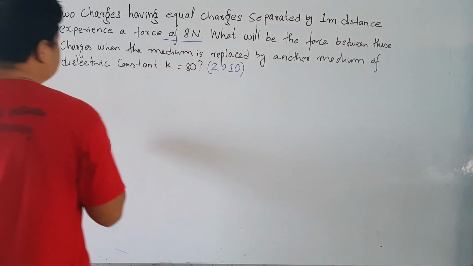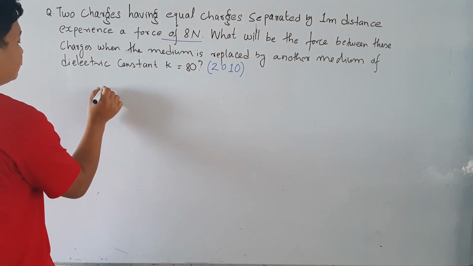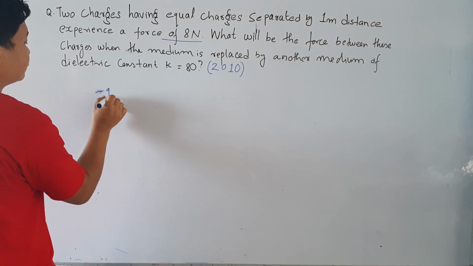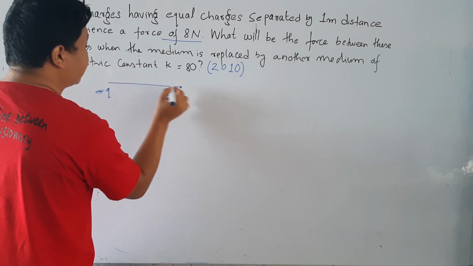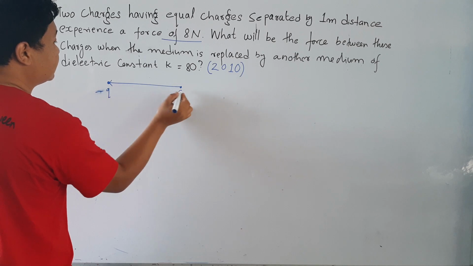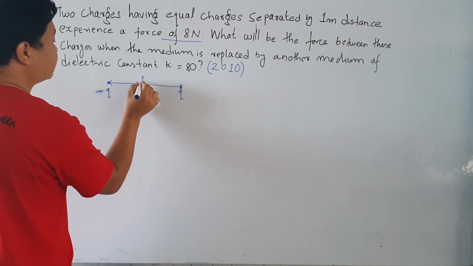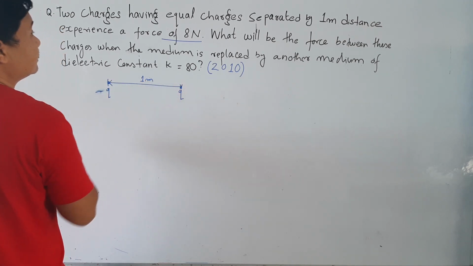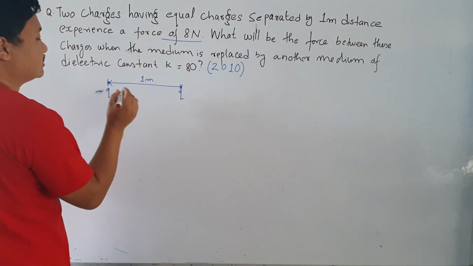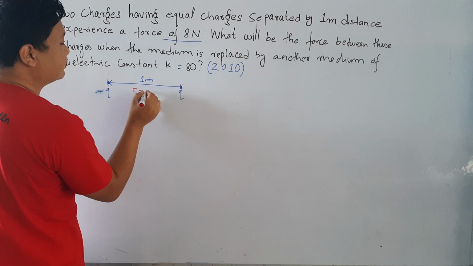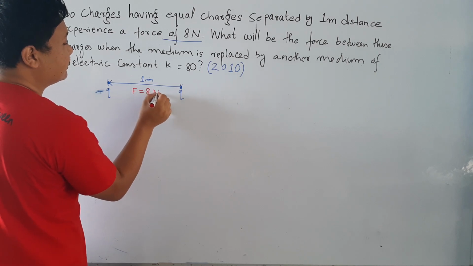So let me write this as Q and another as Q because both are the same, and this is separated by a distance of 1 meter, right? Now it says that it experiences a force of 8 Newton. Here the force is equal to 8 Newton.